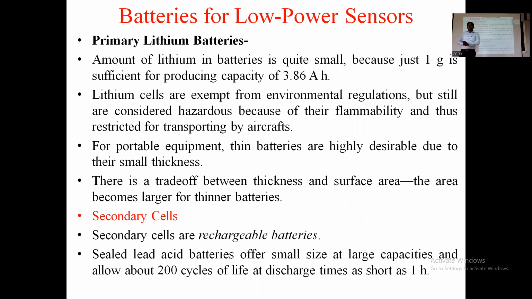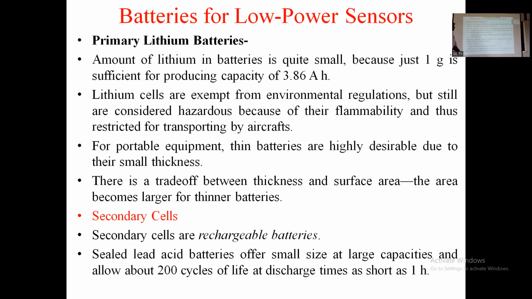Portable equipment means our mobile, movable equipment, and there, instead of using a thick battery, we use a thin battery, which is desirable because its thickness is small.